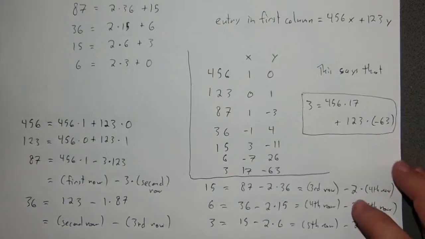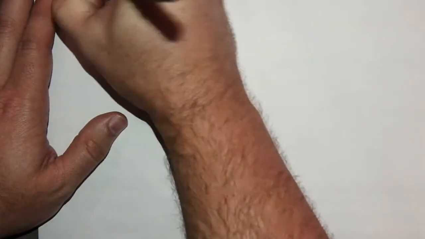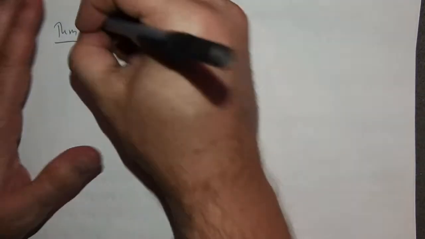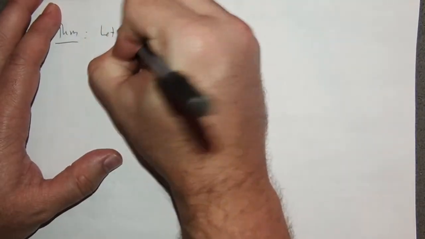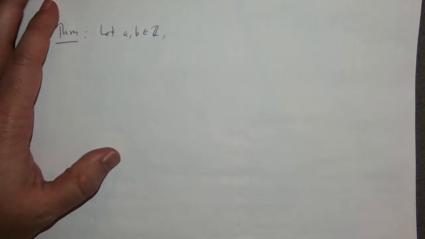So then moving on. What does all this tell us? Similar to what I did for the Euclidean algorithm, there's this theorem, which is, as I mentioned, one of the most important facts about the Euclidean algorithm. Let A and B be integers, at least one non-zero.